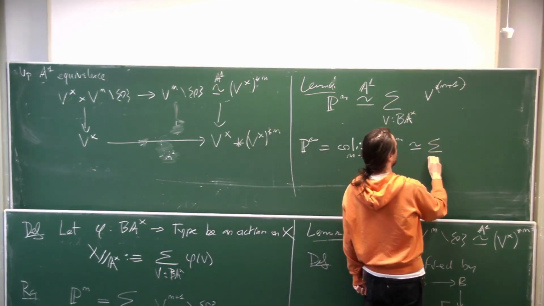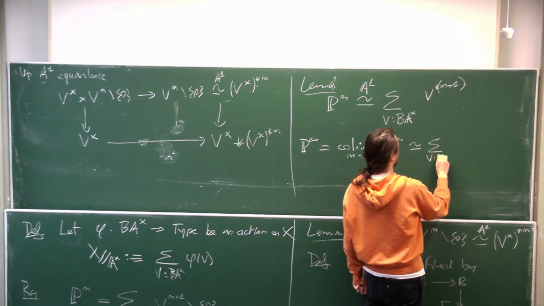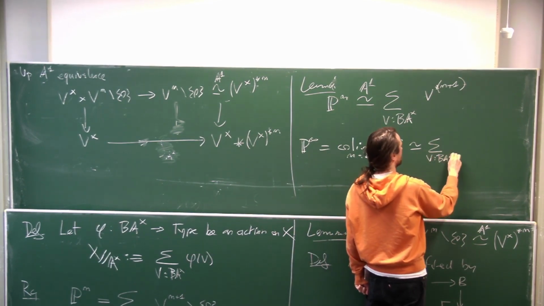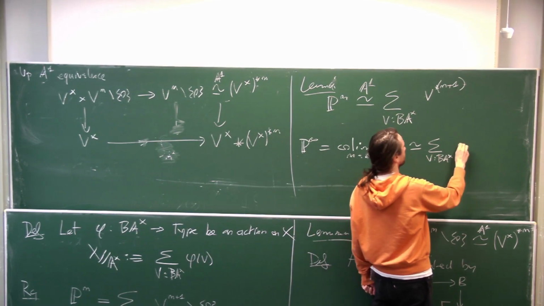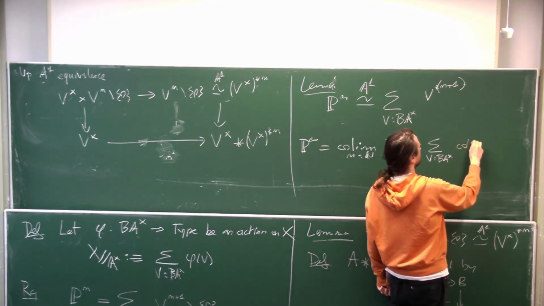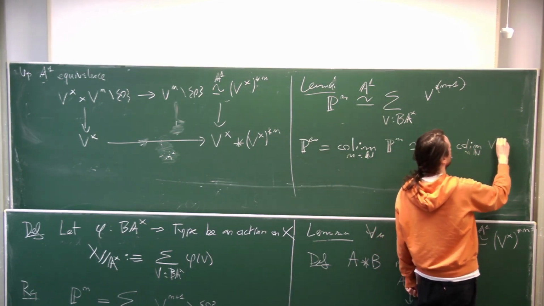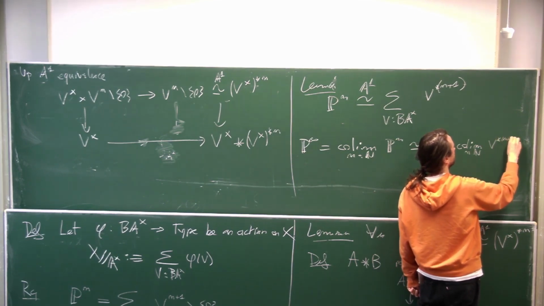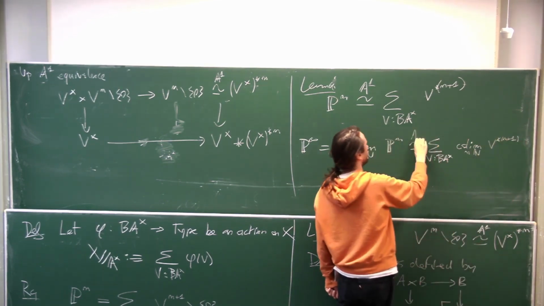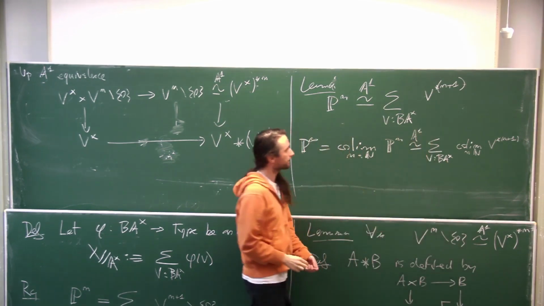So you get that this is a sigma over V in Bi times of the colimit over n of this thing, up to A1 homotopy.